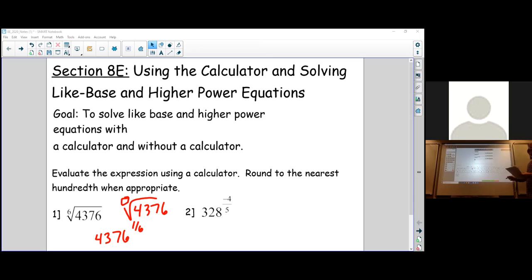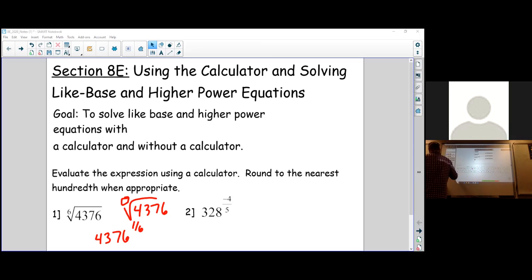All right. Problem number 2 on our notes. So we have 328 to the negative 4/5 power. You could try and find that in one iteration, but I think it's easier to just do the caret. So I'm going to do that same thing on the calculator.